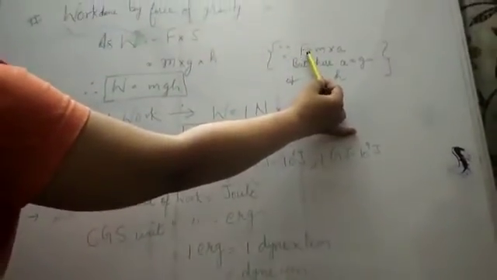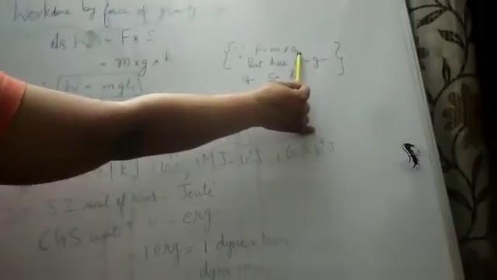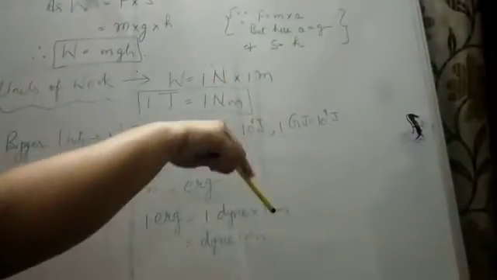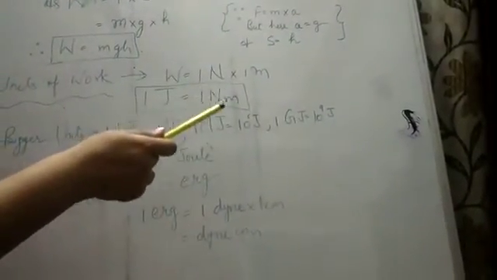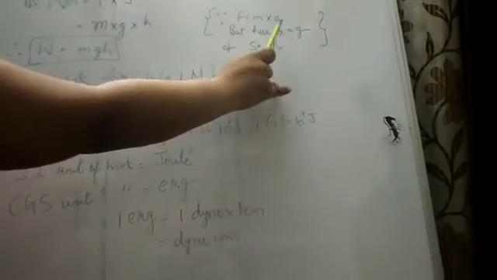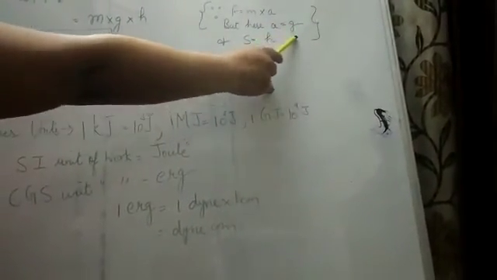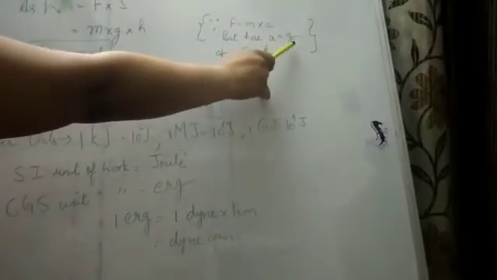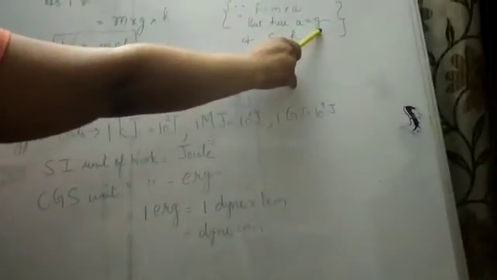And we know that force is equal to mass into acceleration. You have studied this formula in your class 9th. But here again, as the object is at some height, we will take acceleration as acceleration due to gravity, which we have denoted as small g.